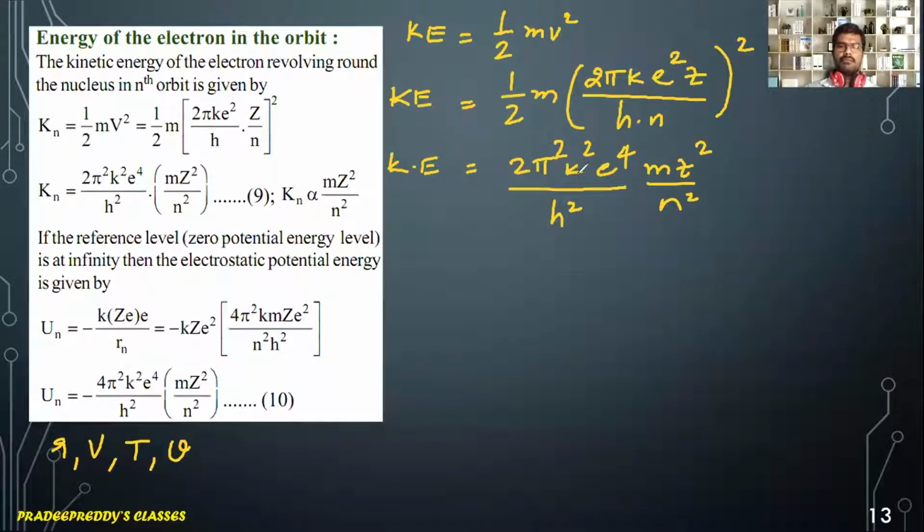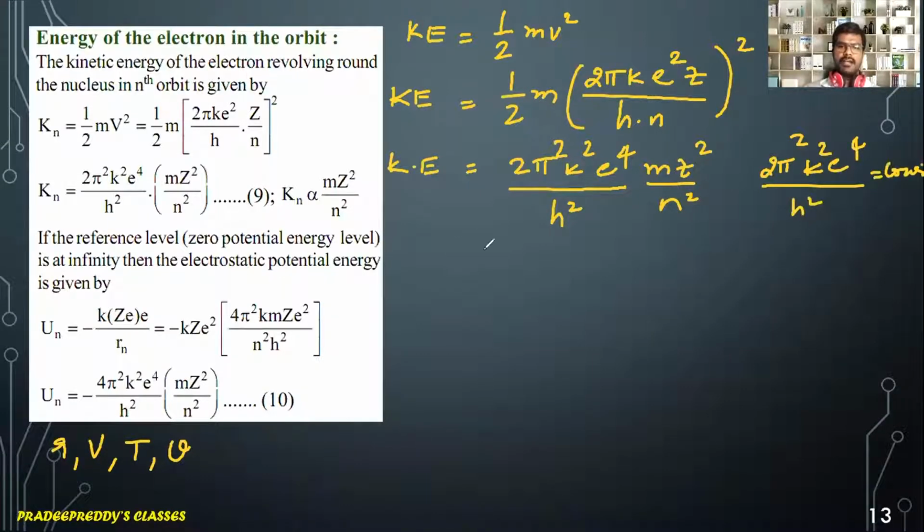Here k is 1 by 4 pi epsilon naught, e is the charge of the electron, and h is a constant. So 2 pi square k square e power 4 divided by h square is equal to some constant.